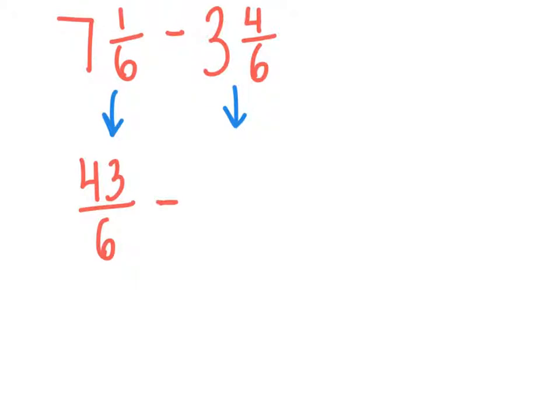Minus 3 4/6 as an improper fraction will be 3 whole groups of 6. 3 whole groups of 6 is 18, plus this 4 gives us 22 sixths.